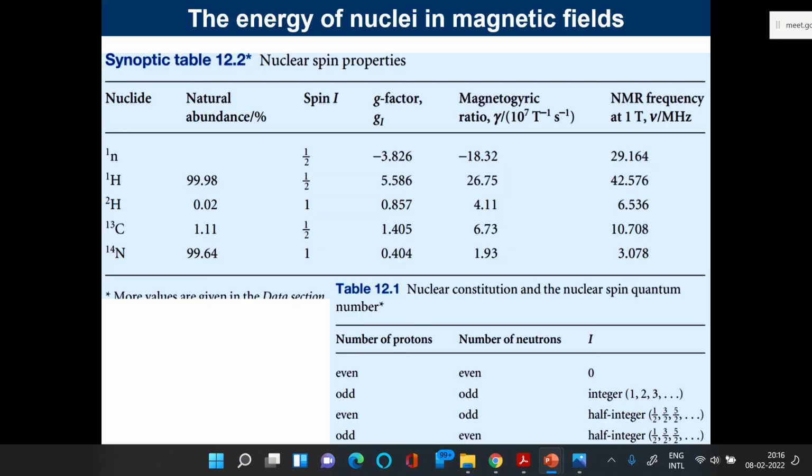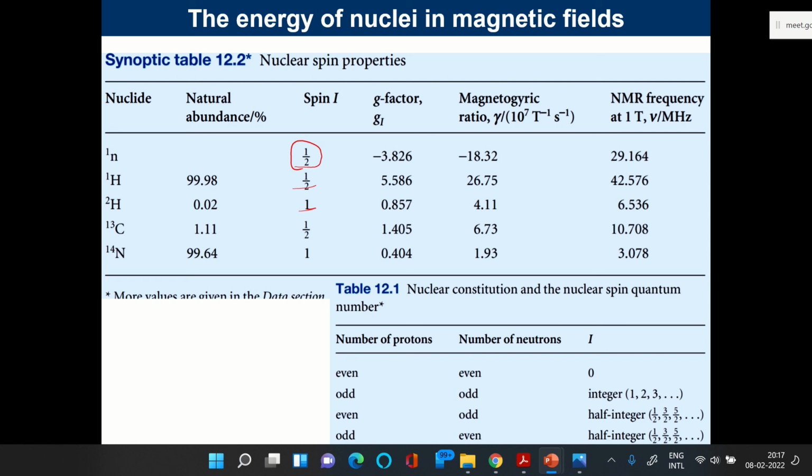Anyway, this is an important point. Even a neutron has a spin. It has a magnetic moment and a certain gyromagnetic ratio. A g factor is also associated with that, like the g factor for the proton.